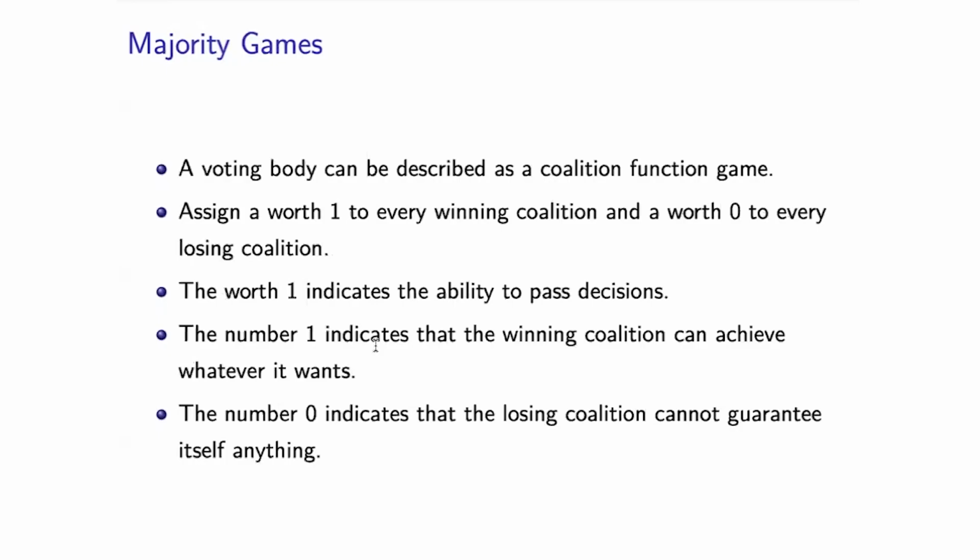The value 1 indicates the ability to pass decisions. So if a coalition has a value 1, it means that coalition is a winning coalition, and therefore it can pass a decision. And the number 0 would indicate that the coalition is not enough to get a decision approved. So that would be an example of a losing coalition.